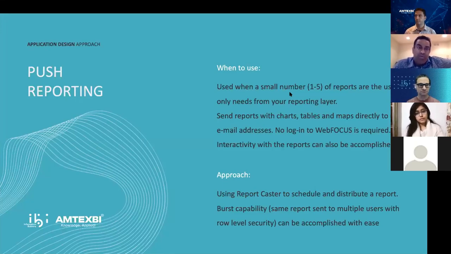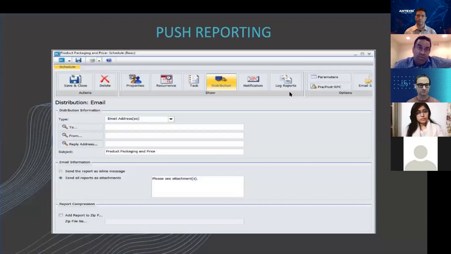Once the metadata is ready, the process of doing this with ReportCaster is pretty simple. As you can see, it's almost as simple as creating a meeting invite on your calendar. You create your fetch procedure, you prepare your metadata, and then you can burst these, if you're sending one report to multiple recipients based on one dimension.